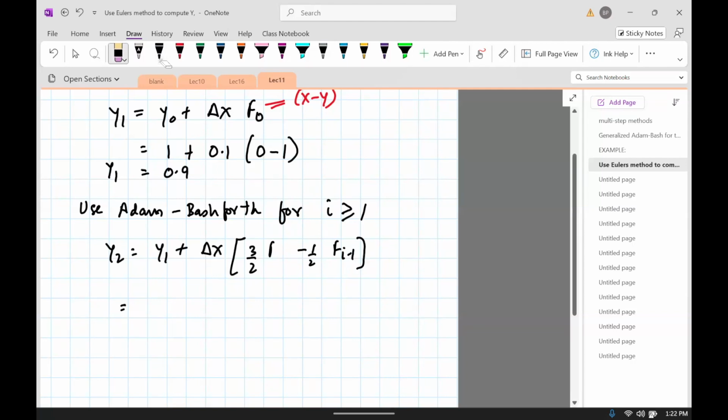So i is equal to 1 in this case. y1 plus delta x, I'll just substitute, makes it easier: x1 minus y1 minus half x0 minus y0.